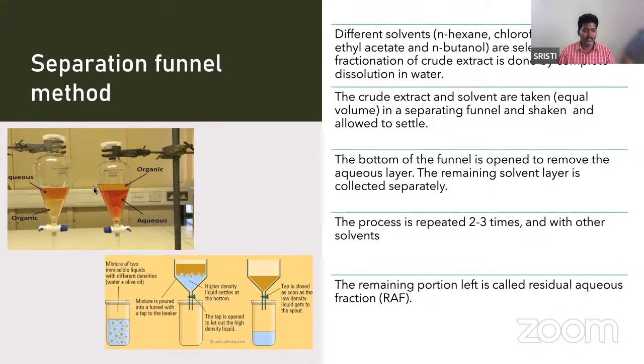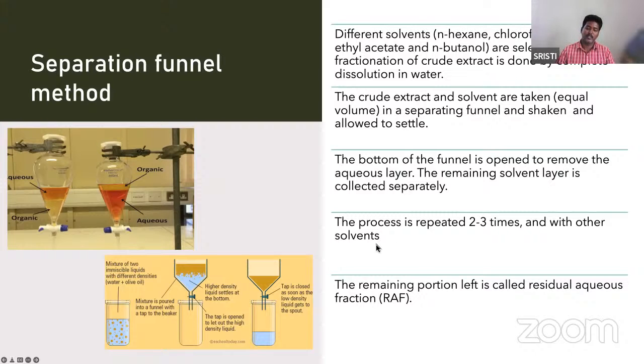You mix both layers vigorously and then allow them to stand for a few minutes to a few hours, and then both layers get separated. The liquid which has higher density settles down, and is collected carefully first, and then the organic layer is collected carefully and then concentrated.